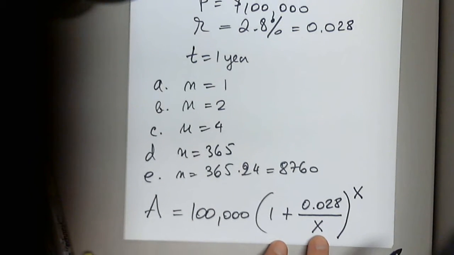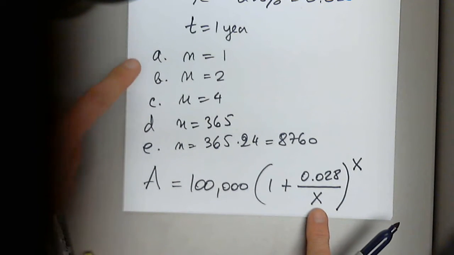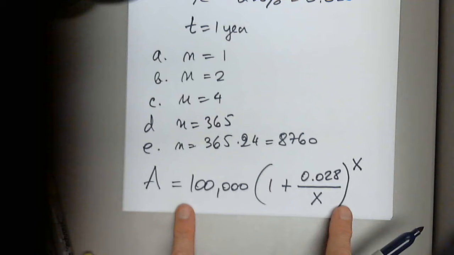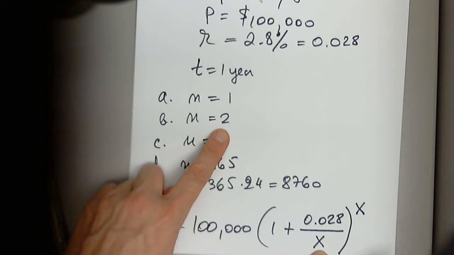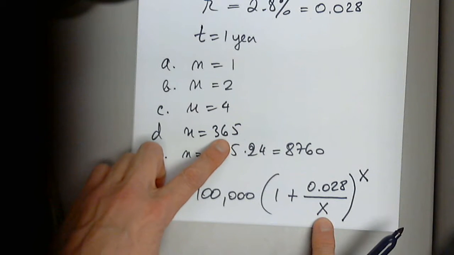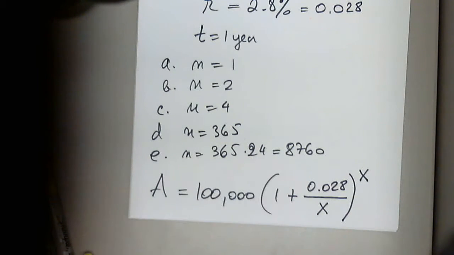I'm not going to repeat the calculation 5 times. I'm just going to put this function in the graphing calculator and change x first to 1, then to 2, then to 4, then to 365, and then to this. So in y equals, let's plug in. I just did that problem with my calculus class.